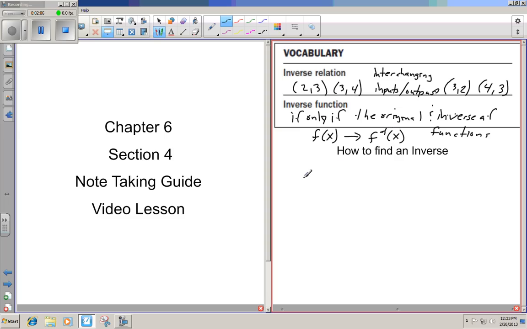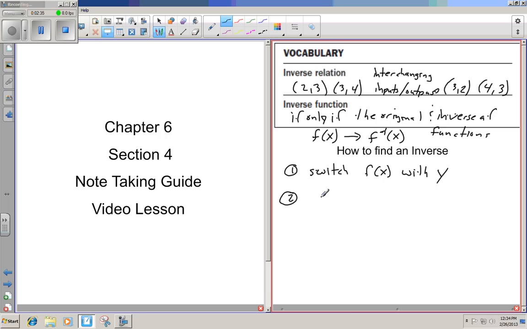Now there are 3 simple steps on how you find an inverse function. First of all, step 1, we'll use the word switch: switch f of x with y. So basically, if you have f of x equals something, it's going to become y equals.